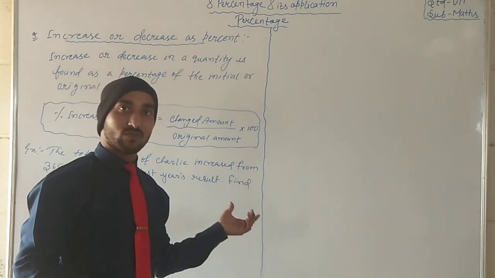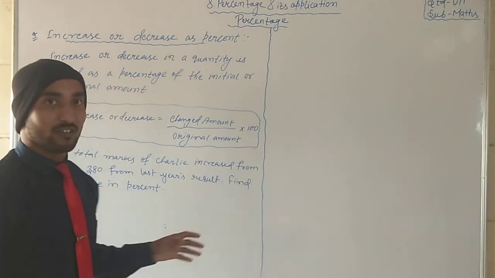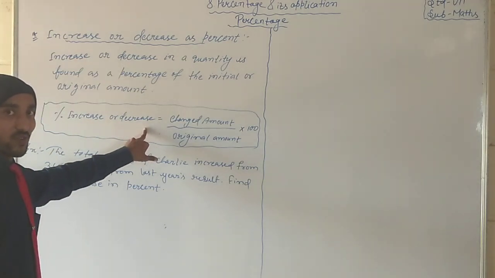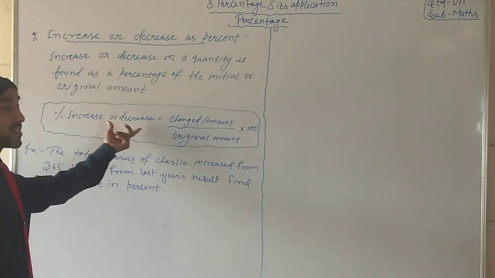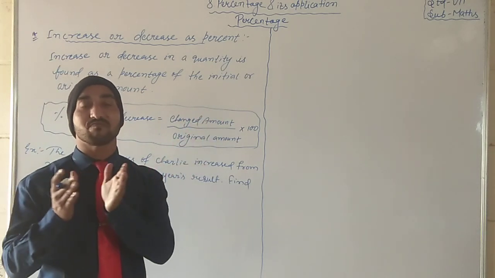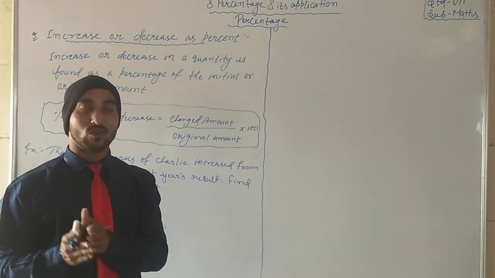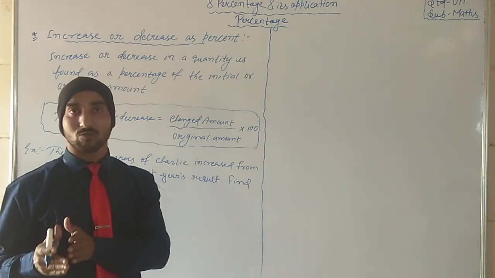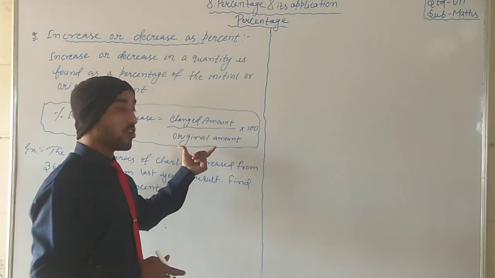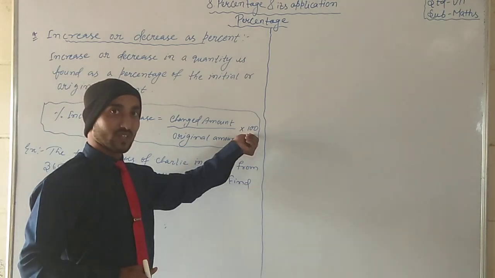The formula is very important, so kindly learn it. Increasing or decreasing percentage is equal to the change amount divided by the original amount, multiplied by 100.